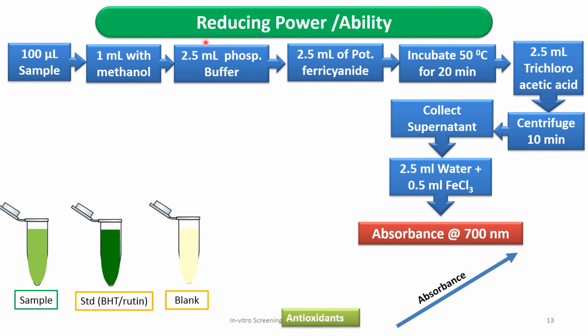In the reducing power assay, absorbance increases because more and more ferrous ions are formed, which leads to green color complex formation. Whereas in all the previous antioxidant studies, absorbance used to decrease, may it be DPPH free radical, H2O2 free radical or nitric oxide. In all three cases absorbance decreases, whereas in the reducing power assay, it increases.